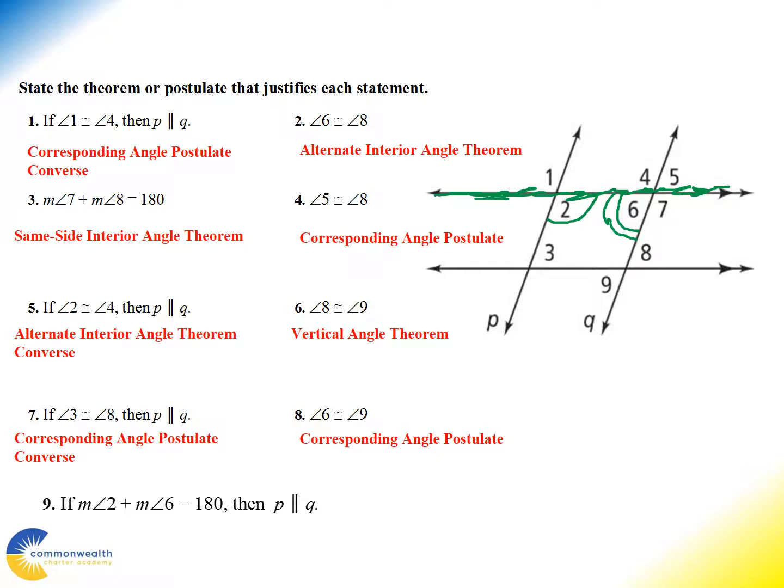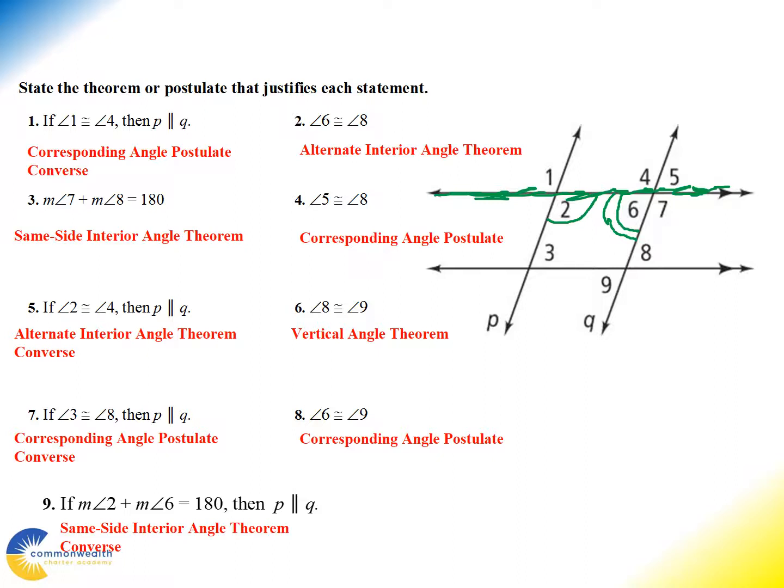It's going to help me define a relationship between P and Q. When I look at P and Q, these would be same side interior angles. And since they are given to be supplementary, then by the same side interior angle converse, that would make P parallel to Q.